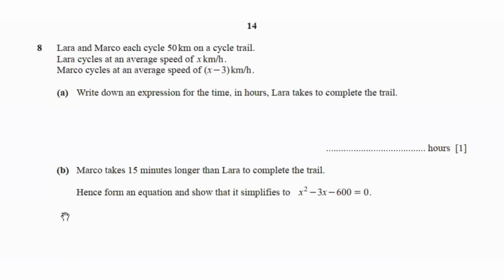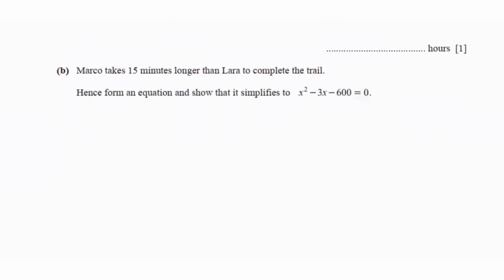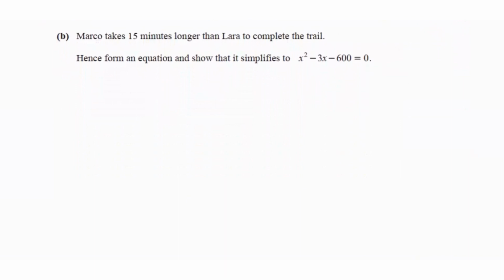Then it says Marco takes 15 minutes longer than Lara to complete the trail. Hence, form an equation and show that it simplifies to x squared minus 3x minus 600 equals 0. So Marco is 50 over x minus 3 and Lara is 50 over x.